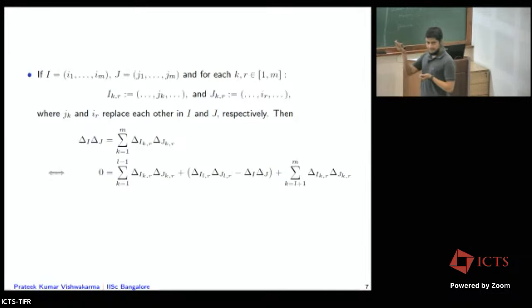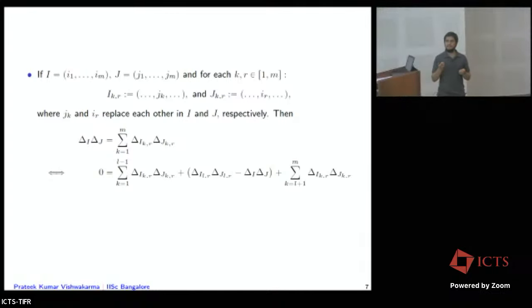With the experience that we had in generalizing the Gantmacher-Krein inequality, what we want to do here is move the delta I delta J term conveniently to the right-hand side at some so-called midpoint, and then also order the terms delta I_kr and delta J_kr, so that removing the terms in this order from the Plucker relation gives us those oscillating inequalities.